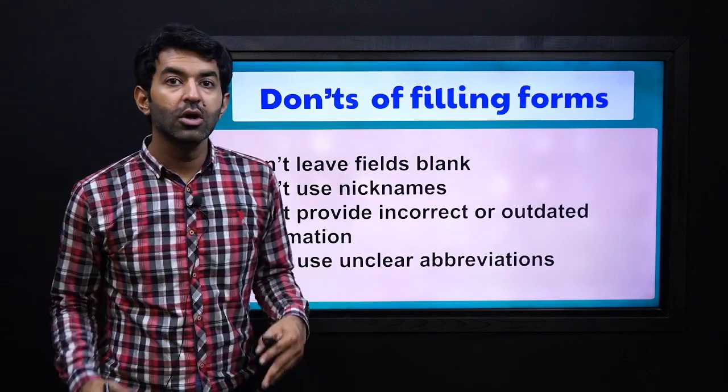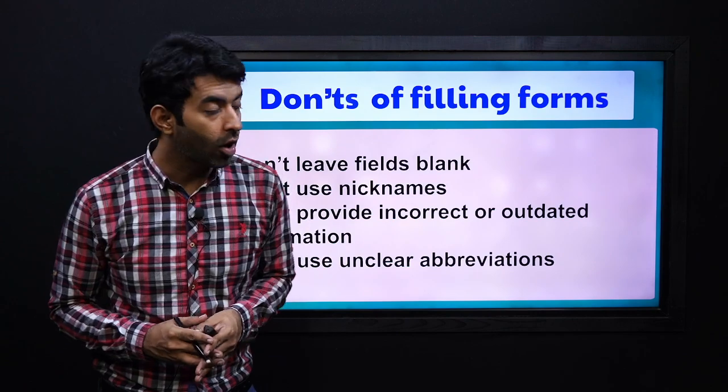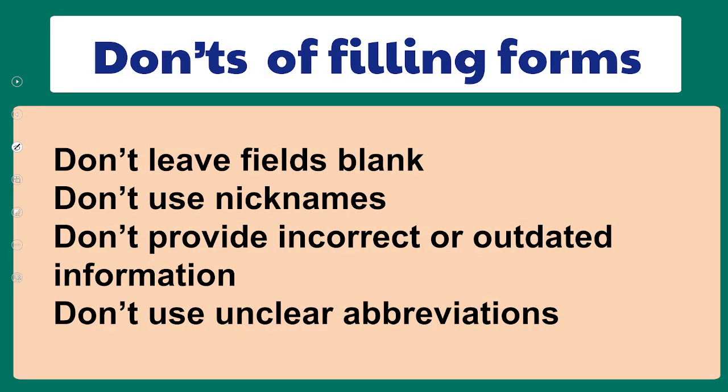Now, let's talk about the don'ts of filling the forms. First is, don't leave fields blank. You have to fill them out properly. Then don't use nicknames. Don't use your house name or nickname. Don't use contractions and do not use short spellings.